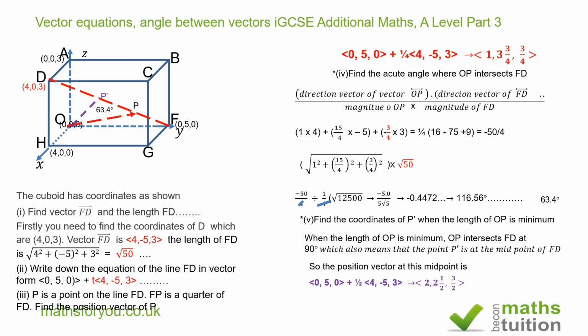The values here represent the direction vector of OP prime, but we're looking for coordinates, so we need to write this out in the normal manner. So the coordinates of P prime become 2, 2.5, and 1.5.